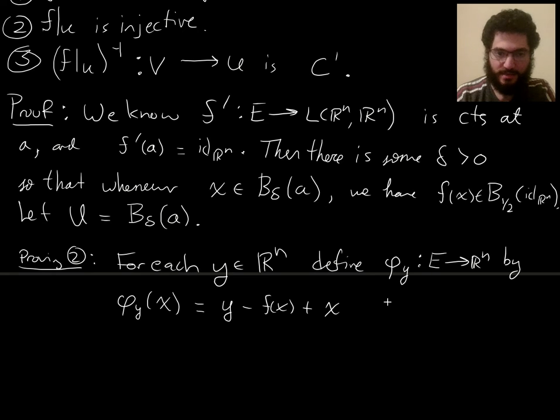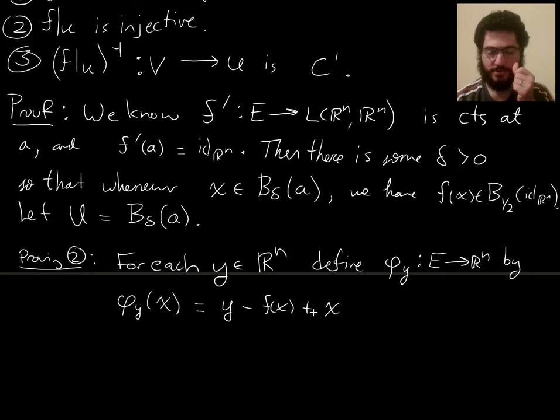Okay, so this is a whole family of functions, one for each n-tuple y. If you fix y equals 0, the zero vector in R^n, then this is just x minus f of x. So it's sort of a function that measures the displacement vector between the input to f and the output from f.